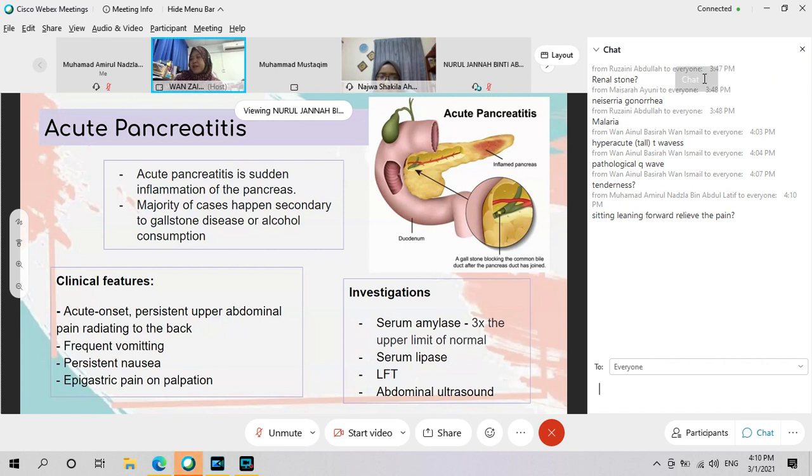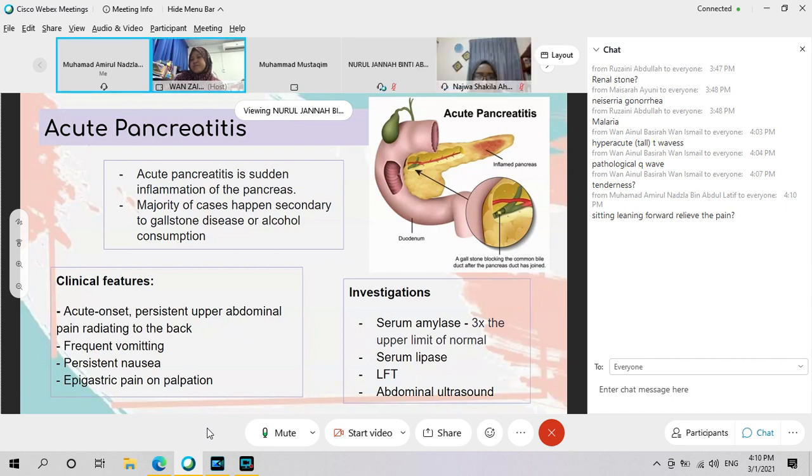Amirul, cakap Amirul boleh? Cakap. Baca balik. Relief by sitting forward atau leaning forward lagi. Aggravating by.